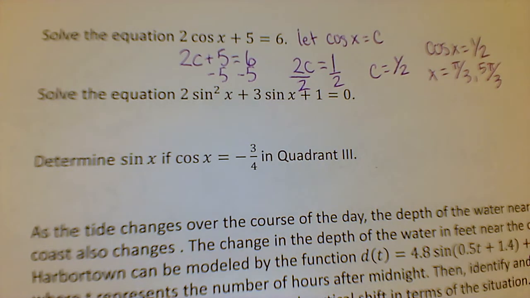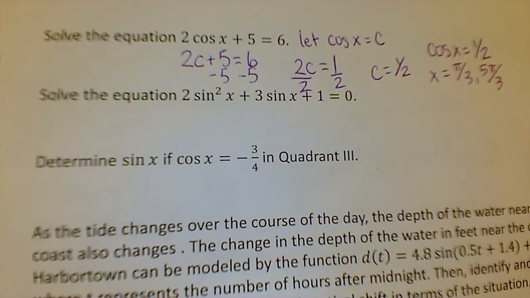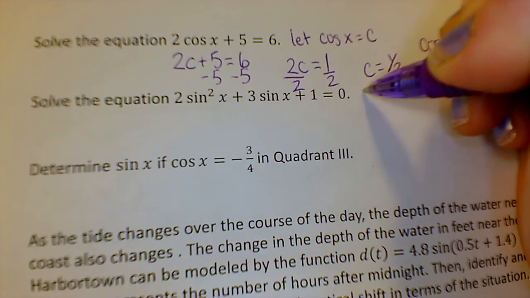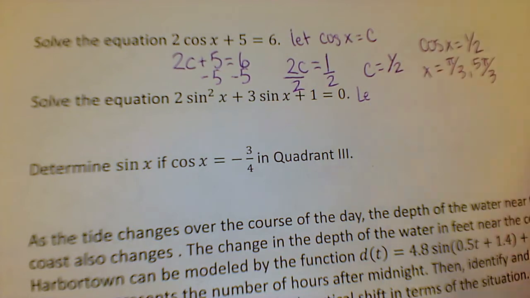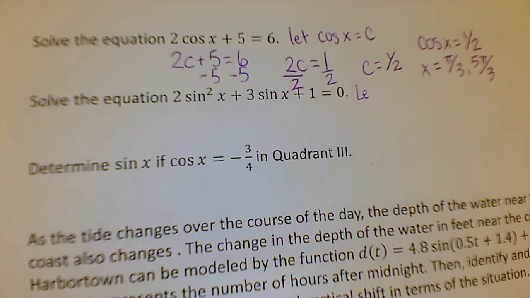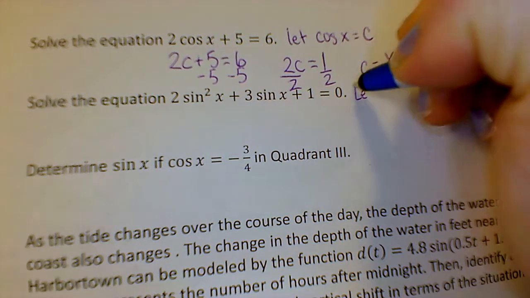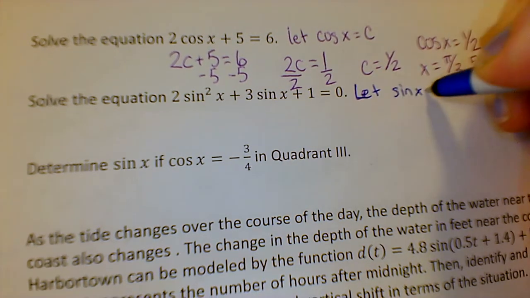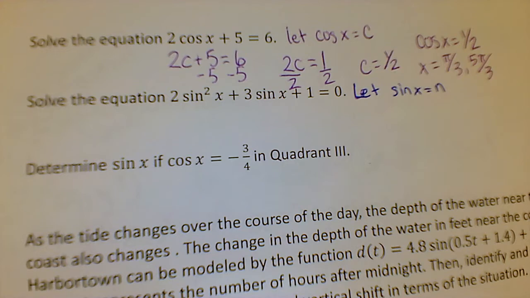Next one, we're going to start the same way. I'm going to replace sine with just some variable so I don't have to worry about the fact that it's actually sine x. Let me change colors for you guys. Let sine x equal n.